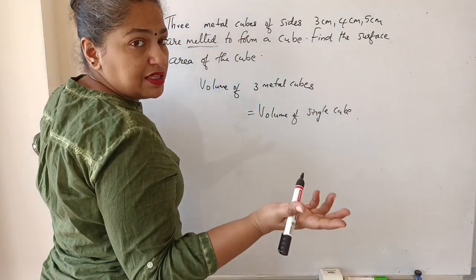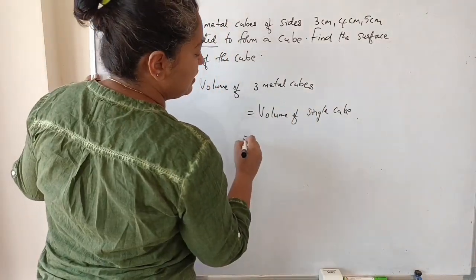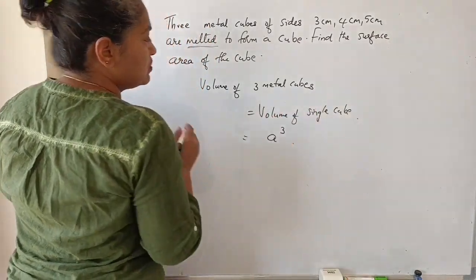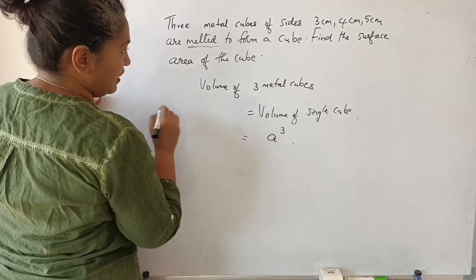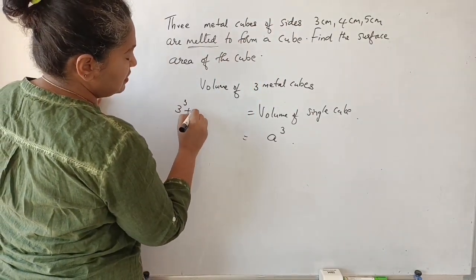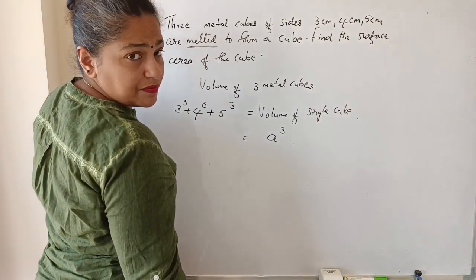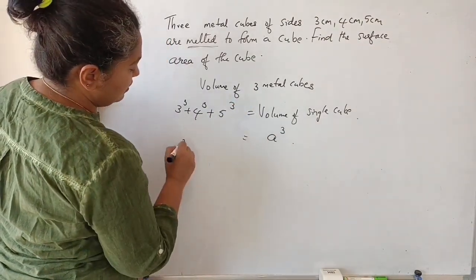We do not know anything about the side of the single cube, so let me take the side as a. One metal cube of size 3 centimeters, the second of size 4 centimeters and the third of size 5 centimeters. So what do we get?